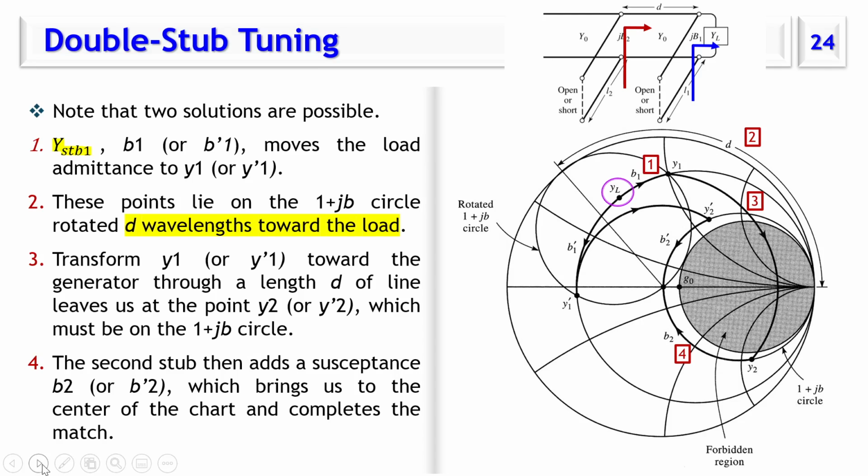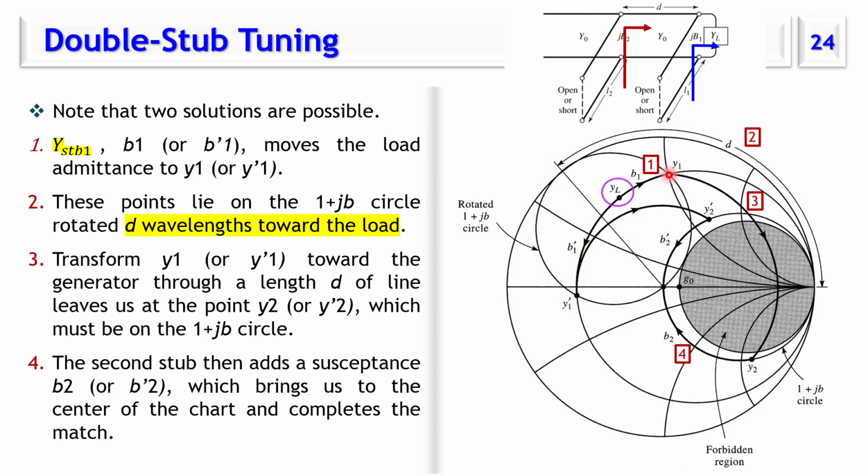And now we're going to take this circle and rotate it towards the load. So the locus at this point, at the red arrow, is here, and the locus at the blue curve would be just rotating this circle a distance d towards the load. So this would be the locus of the input admittance at the blue arrow.